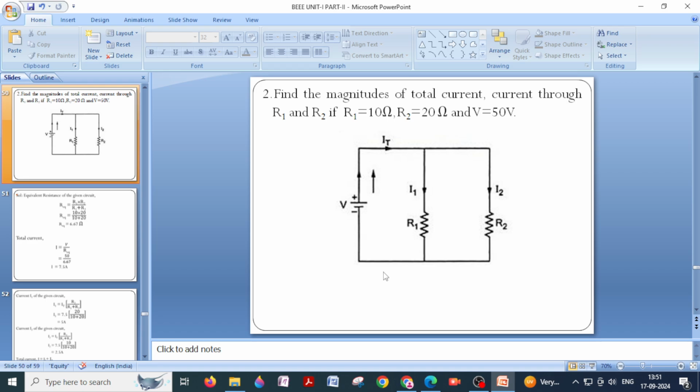There is a rule which is known as the current division rule.